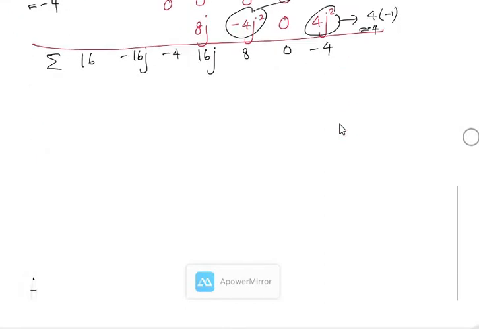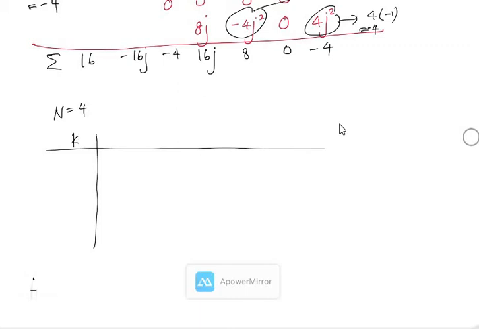As you know, N is equal to 4. So using the periodic wraparound method, the first half I will have 16, negative j16, negative 4, and j16.